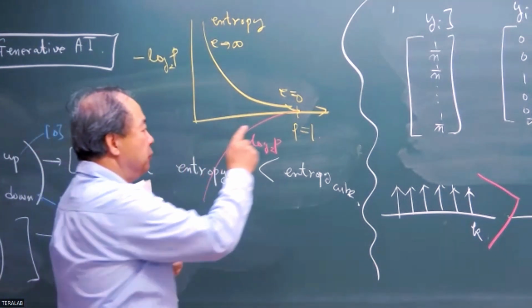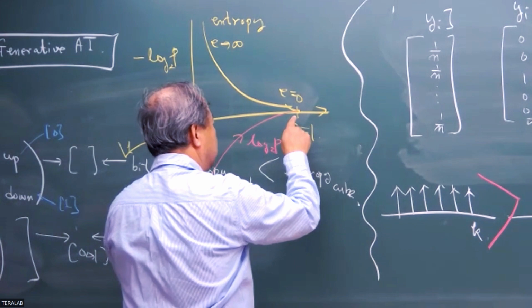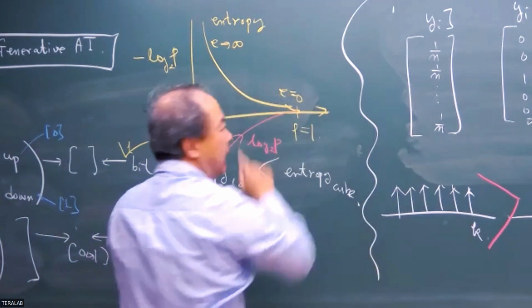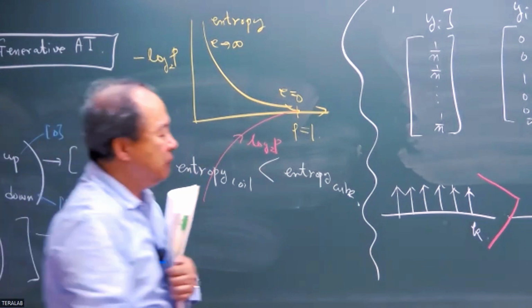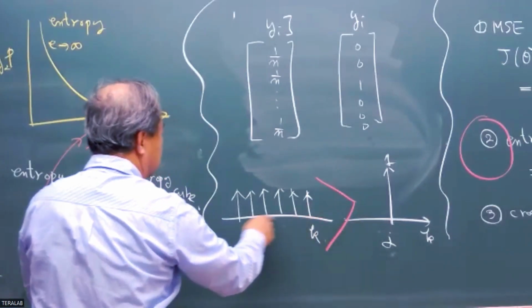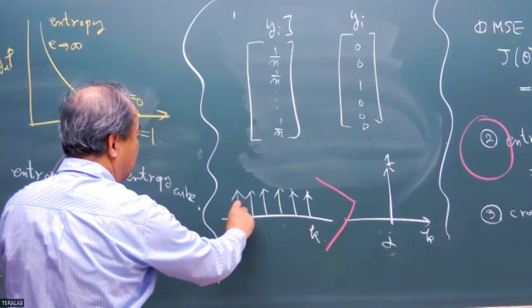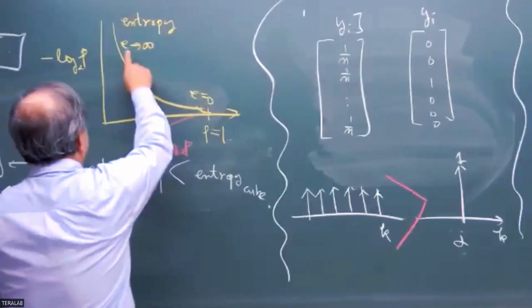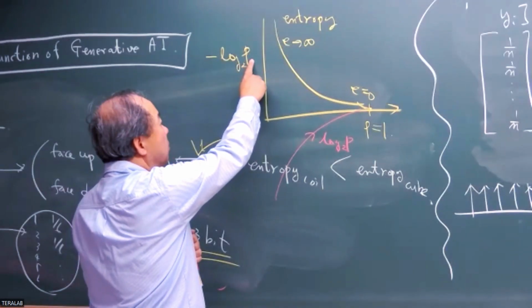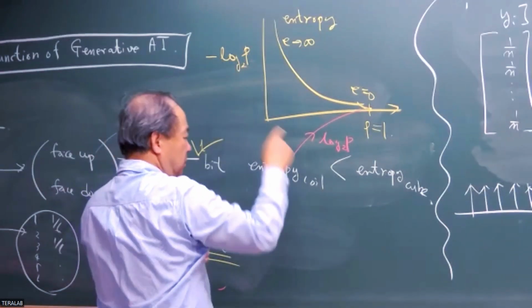So if you have probability 1, you're going to have minimal entropy. But if p is a very small number near 0, then this entropy becomes a maximal number.